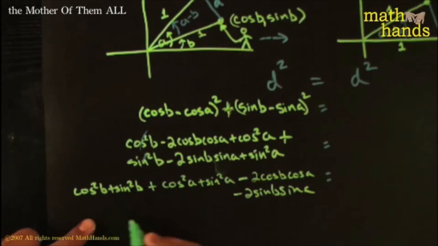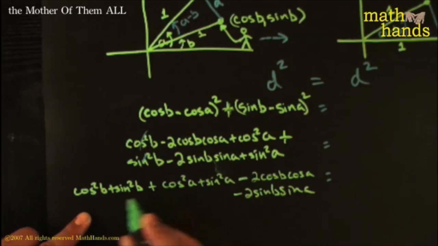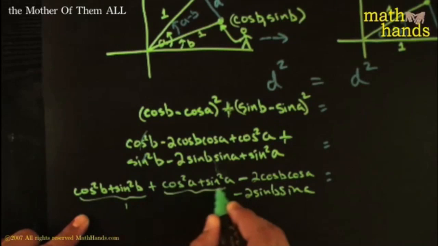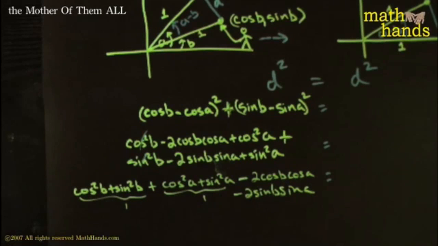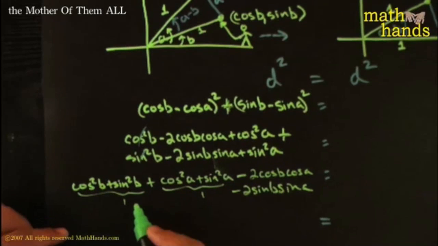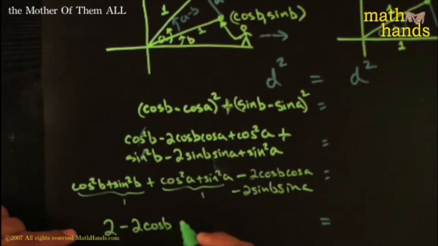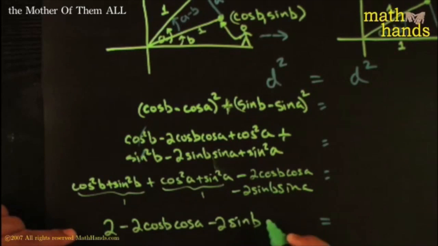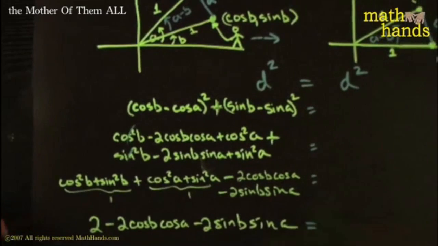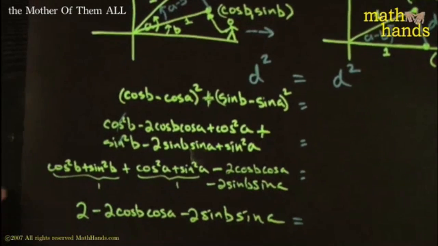So when it's all said and done, that gives me 2, 1 plus 1. This whole thing is 1. This whole thing is 1. So therefore that guy is equal to 2 minus 2 cosine B cosine A minus 2 sine B sine A. And that's as far as I want to clean it up for the moment.